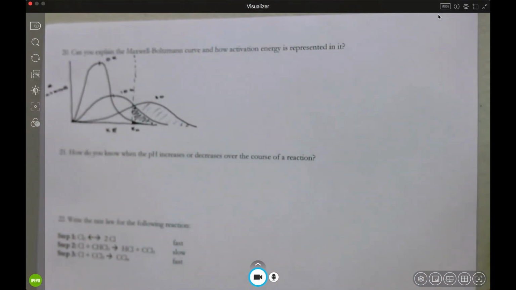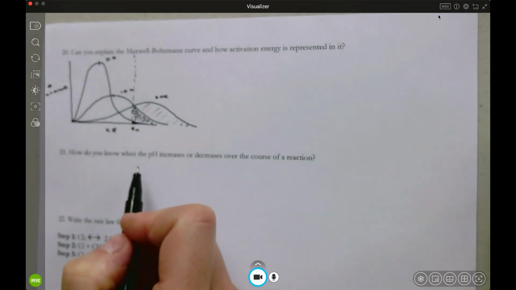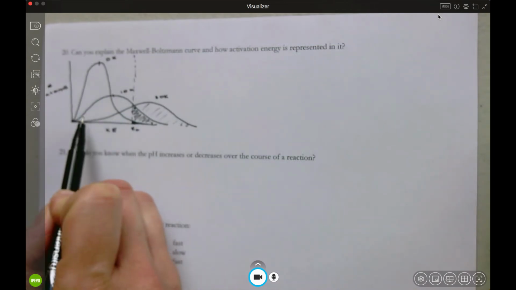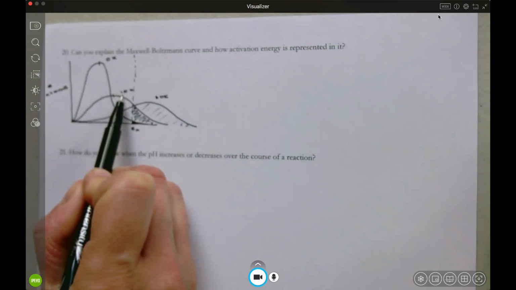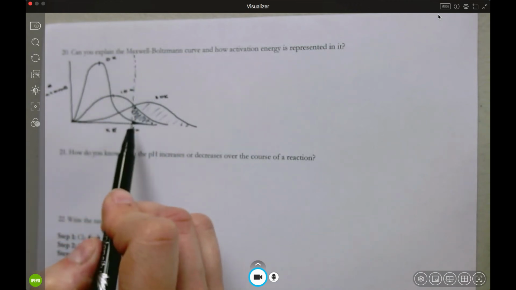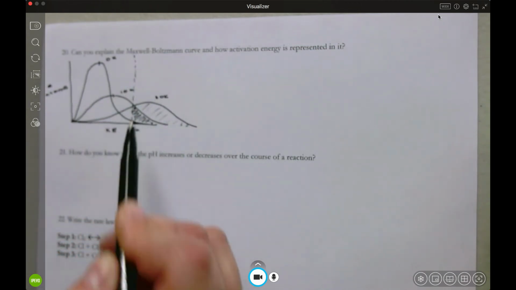So what that's telling you is the higher your temperature, the more particles you're going to have with enough energy to overcome the activation energy, which is what we've said. So be careful in how you draw this. Make sure that your peak is to the right if you're at a higher temperature, and the distribution is greater so that when you're looking at the activation energy, there's going to be more particles that have enough energy to overcome the activation energy.